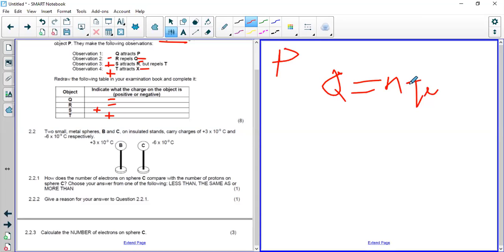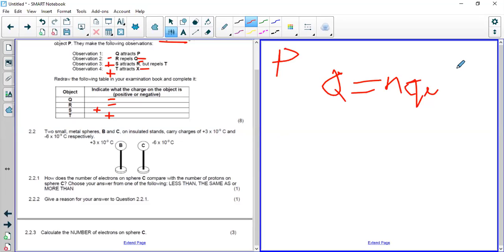I hope you can see what I'm trying to write here. My system is a bit slow and I'm also using a mouse. So you're going to use this equation to get your number of electrons on C.